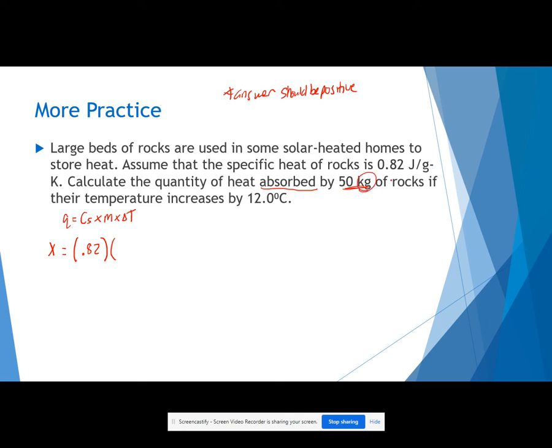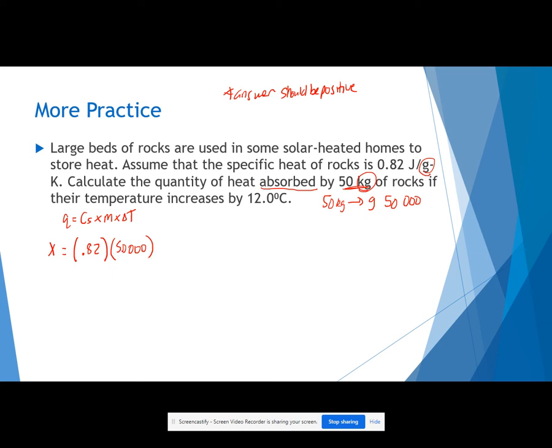Notice that this says kilograms and this is in grams, which means I have to change my kilograms into grams. So 50 kilograms, to change it to grams, I have to multiply by 1,000. So then you get 50,000 grams. So I can plug in 50,000 here.